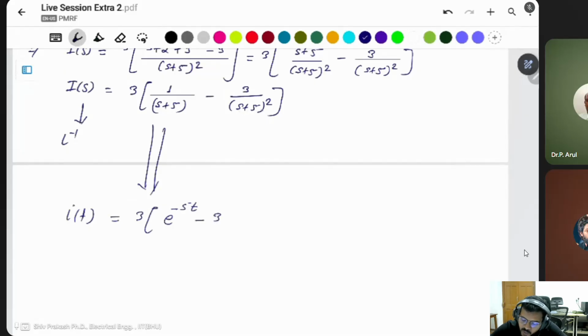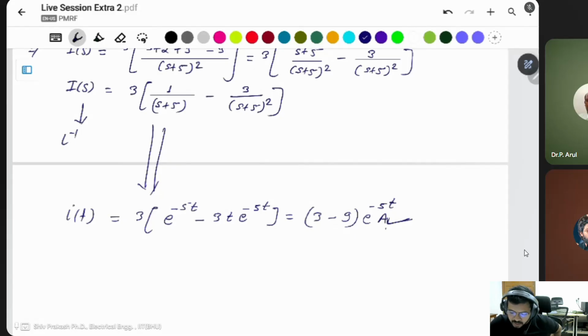This is S plus 5 whole square, whole square is there, that means t is there: t e to the power of minus 5t. It means 3 minus of 9. You can take a common e power of minus 5t. This is the answer. 3 minus 9t.